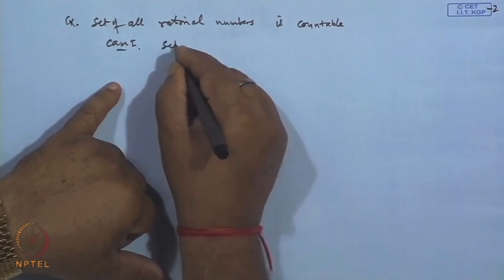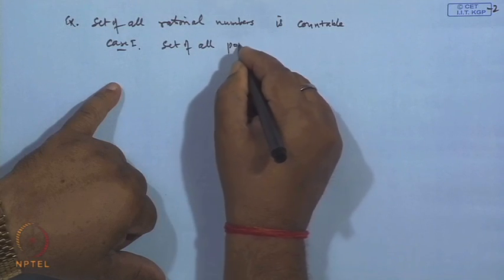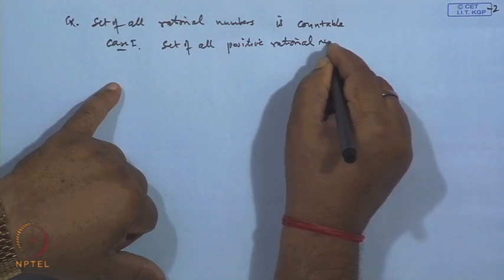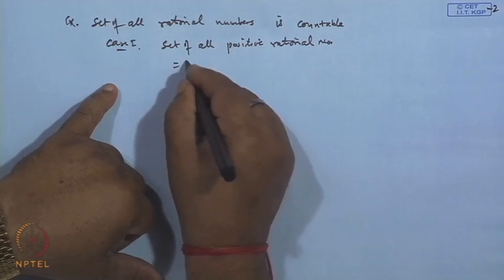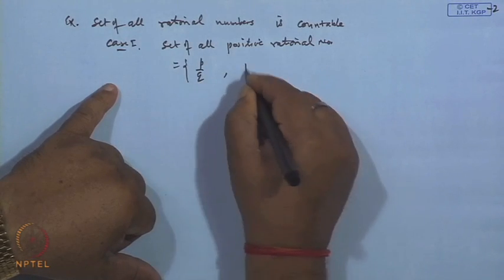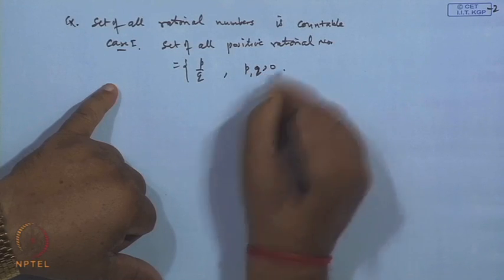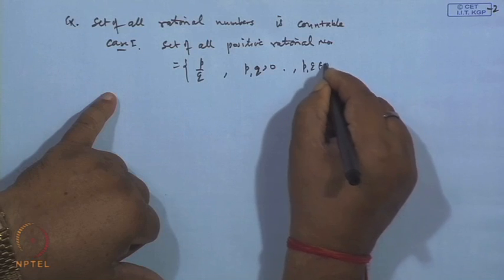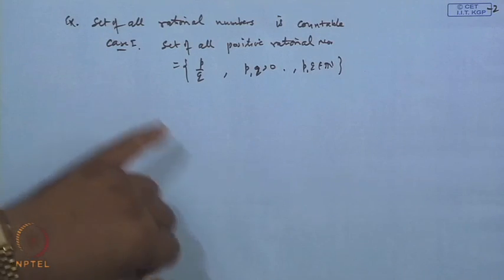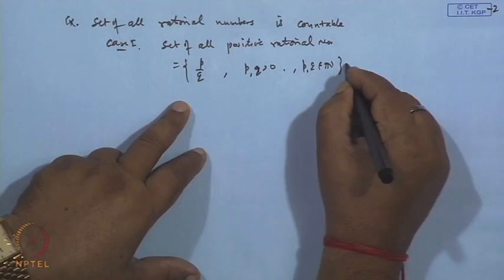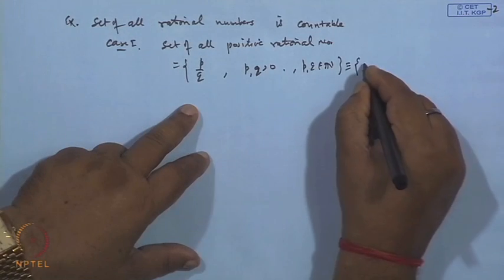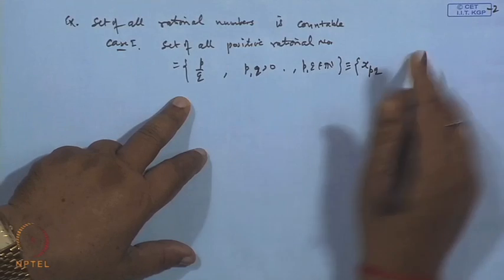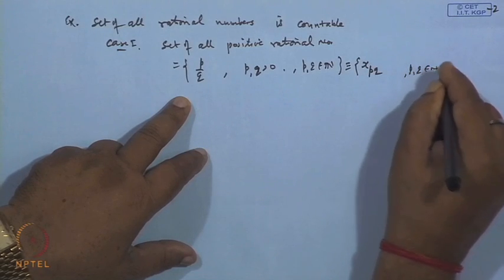Suppose I take the set of all positive rational numbers, that is, it will be of the form p by q, where p and q both are positive integers, natural numbers. So, basically if we put it in the form of a sequence, it is of this type p by q, where p and q are natural numbers.